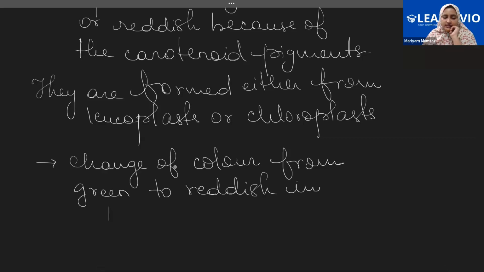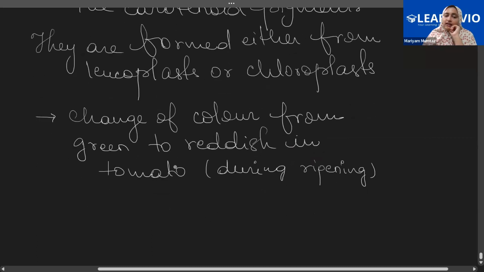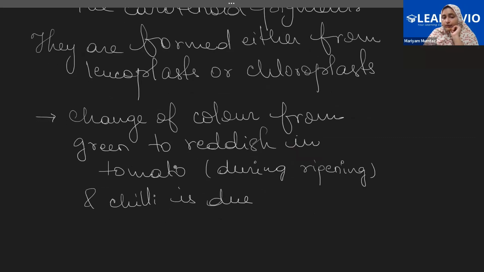The most famous case is in tomato during ripening, right? Mention that also, like the tomato does not just change its color. During the process of ripening the color change happens, and even in the case of chili also. So both of these cases happen due to transformation.